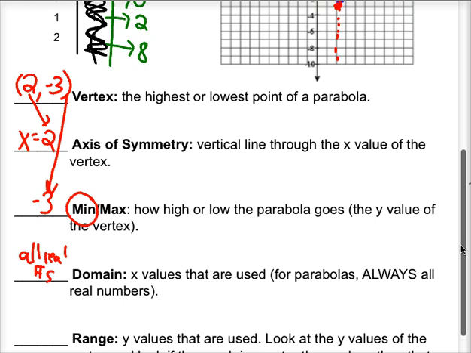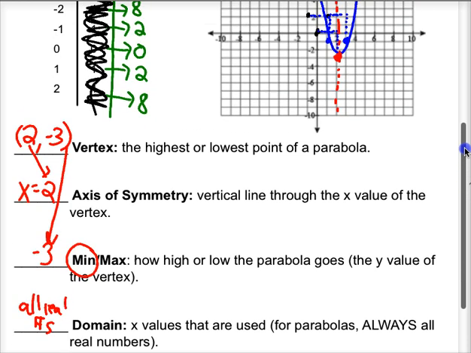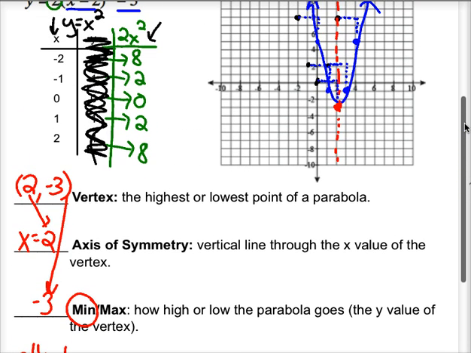Okay? Now the range is the y values. And that's where it's going to get a little bit more interesting. So what y values are we seeing? Well, I'm seeing it start at that -3. Okay, you start at that vertex. Now, where are all the values going?